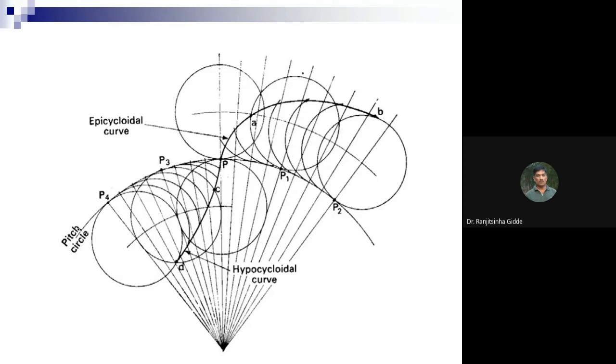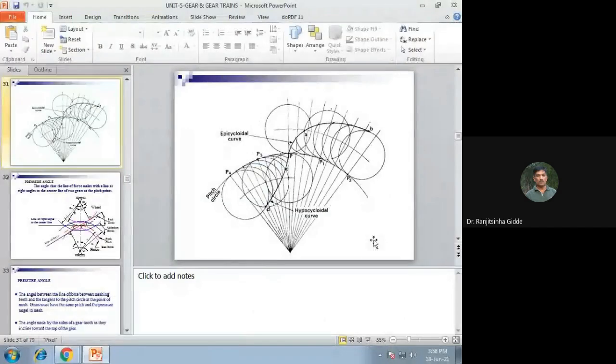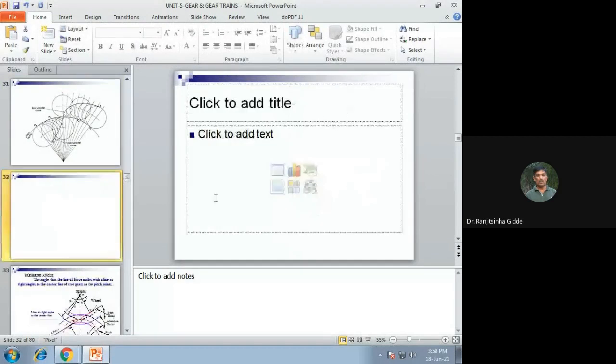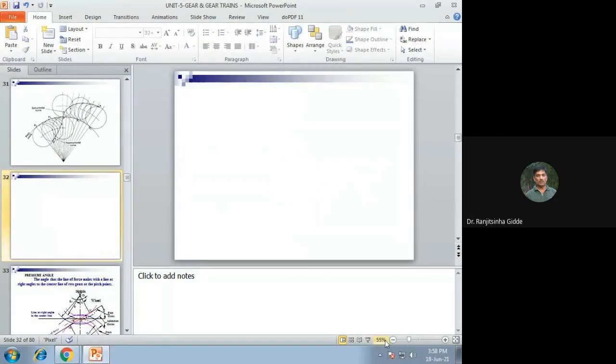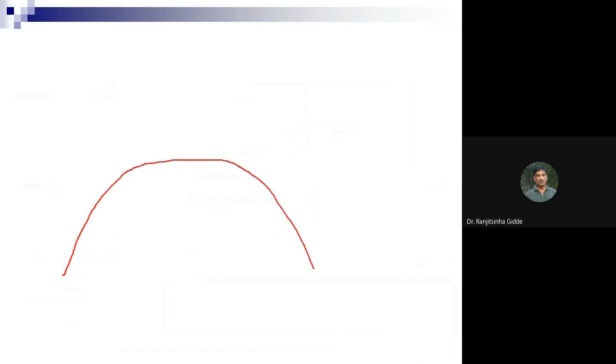Now this is the pitch circle. Otherwise I will draw one figure. I will draw one fixed circle like this, and on this we are going to roll one more circle.